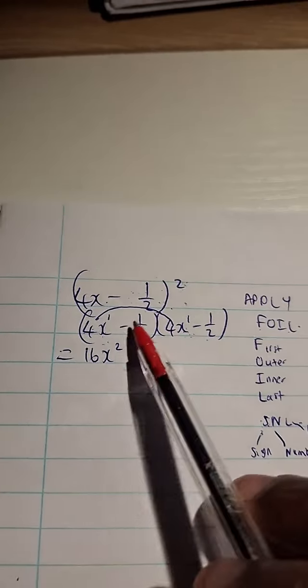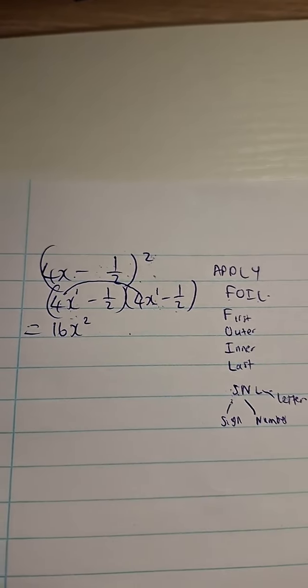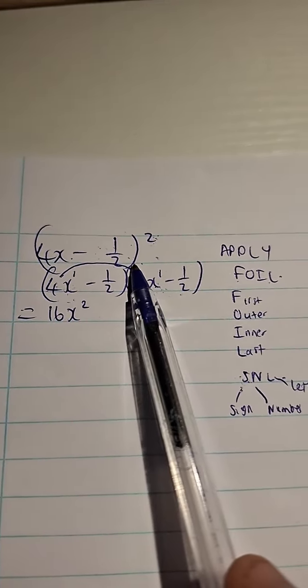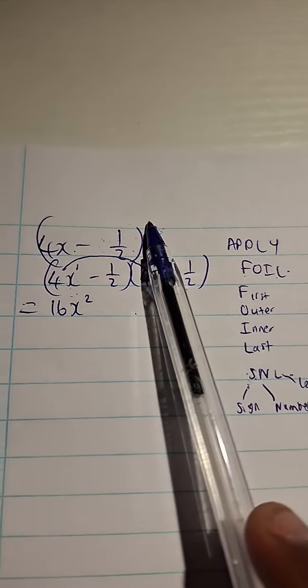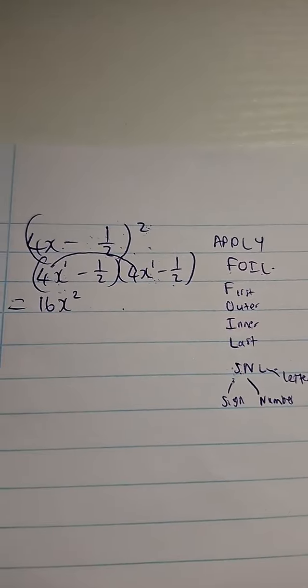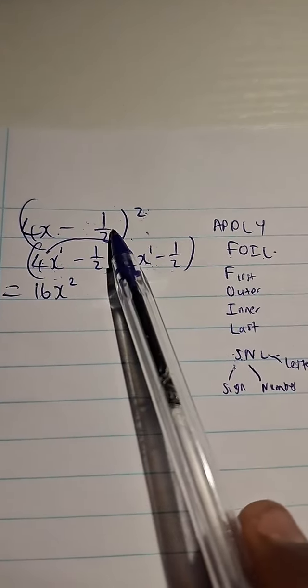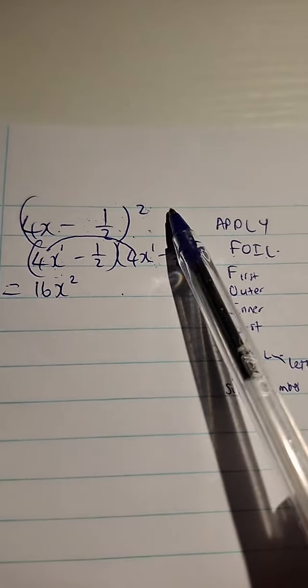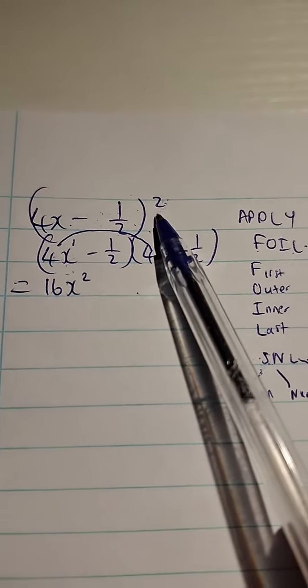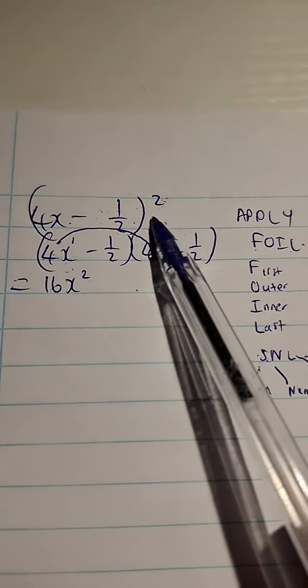So here we are now given a specific one: 4x minus half, the whole thing to the power 2. There is a squared. So here, what we do is we open two brackets.